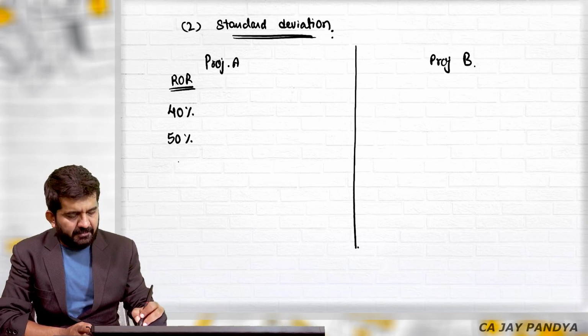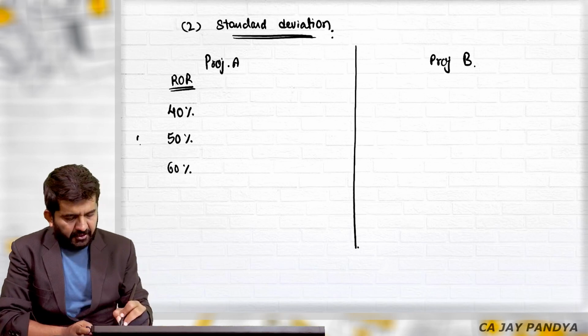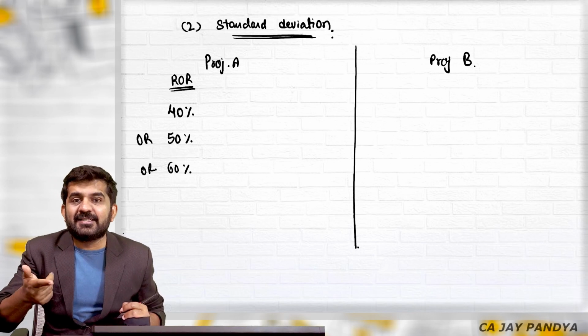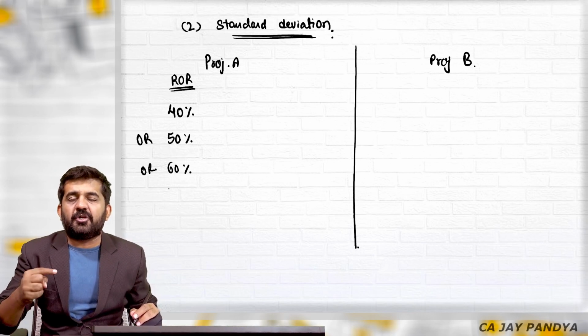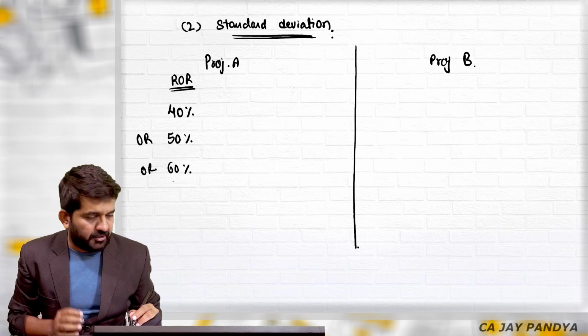Sorry, project A will be earning 50% rate of return, or project A will be earning 60% rate of return. What are these options? Project A is such that either it will be earning 40% rate of return, or it will be earning 50% rate of return, or it will be earning 60% rate of return.